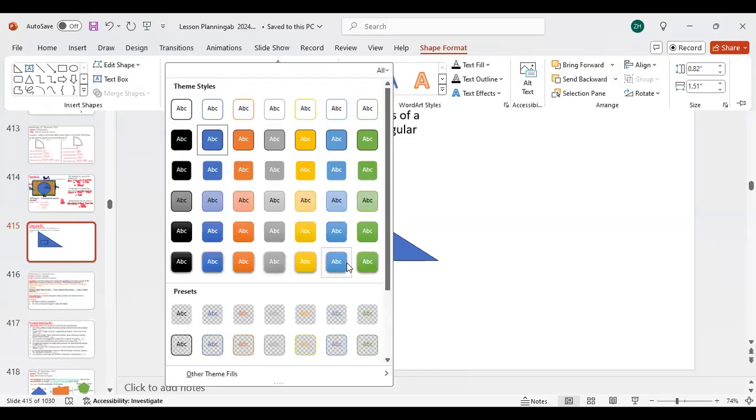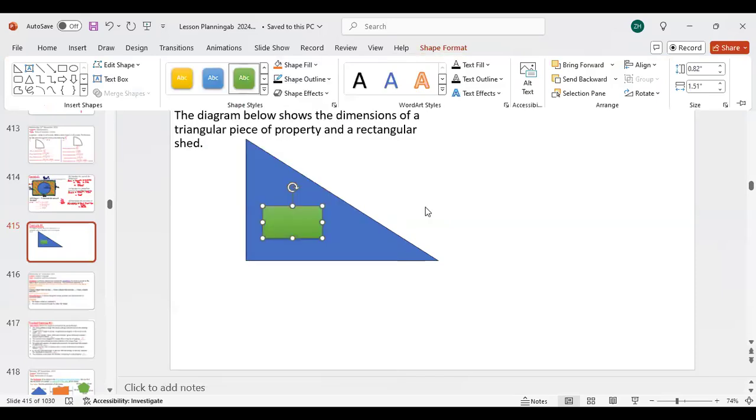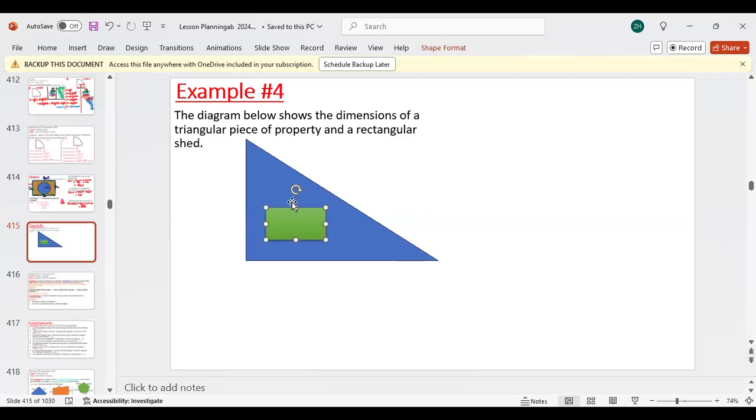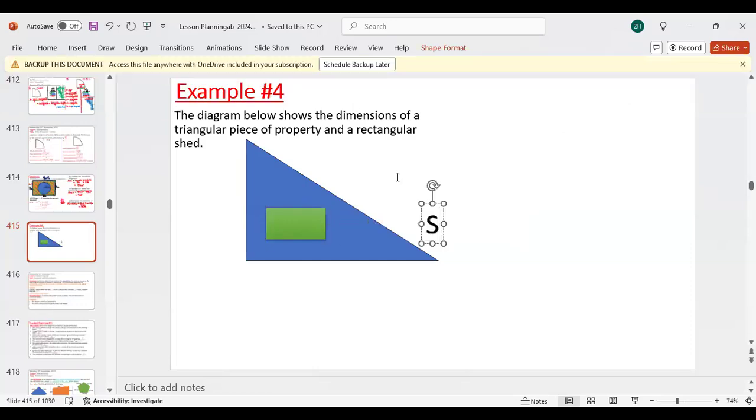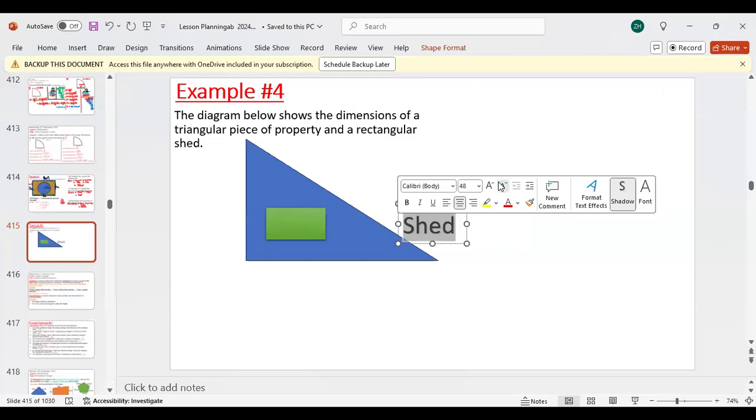So let's say that we want to say that this is inside here. And inside of here, let's say we're gonna call this the shed. So we have a triangular piece of property and we have a shed in the middle.